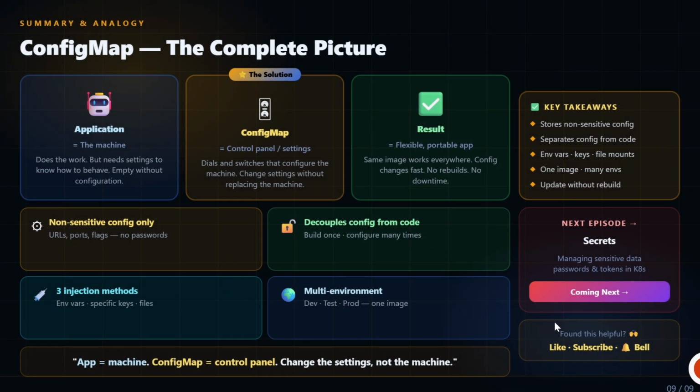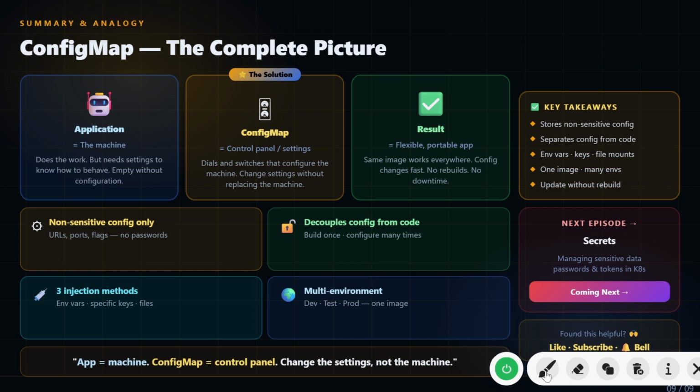And a quick recap of what we just discussed: we primarily focused on config maps. The key takeaways out of this discussion were that it stores non-sensitive information or configuration details, and it separates the config file from code. Environment variables, keys, file mounts, everything can be taken care of by using config maps. One image, many maps, many environments can be deployed, and that can be achieved by using config maps.